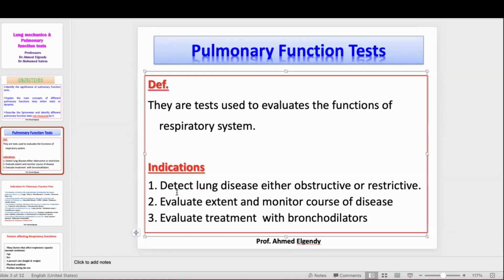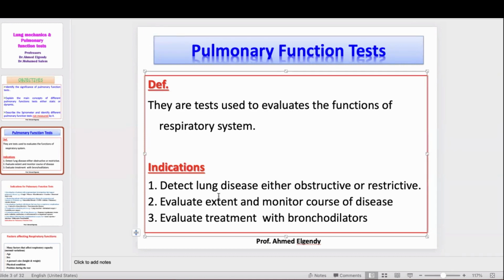If we want to detect lung disease, either obstructive or restrictive. So you know now there are two kinds of lung disease. Mainly we can classify obstructive and restrictive, so we can detect.